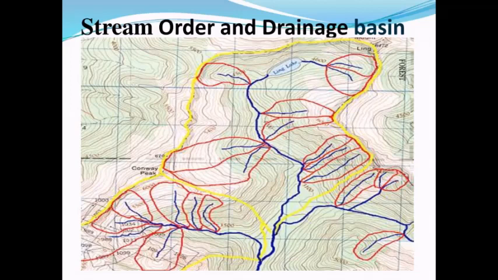Note that the first order basins are components of this much larger drainage basin, and the water flows perpendicular to the contour line.